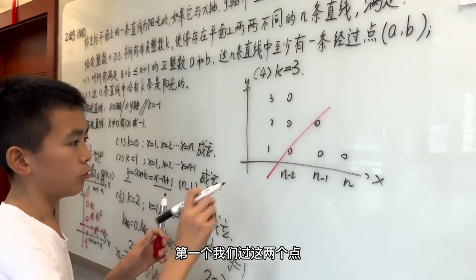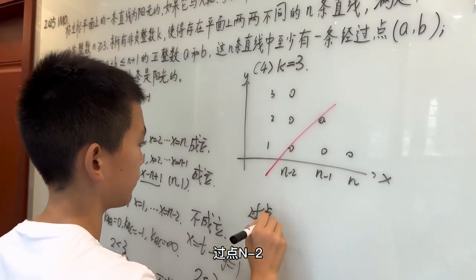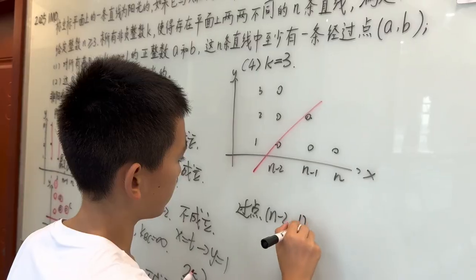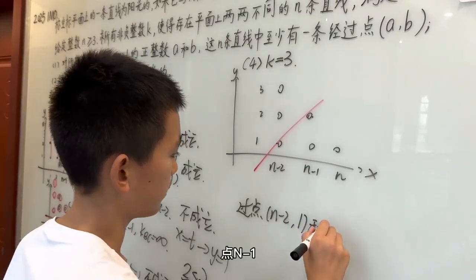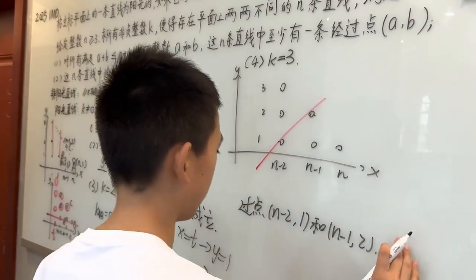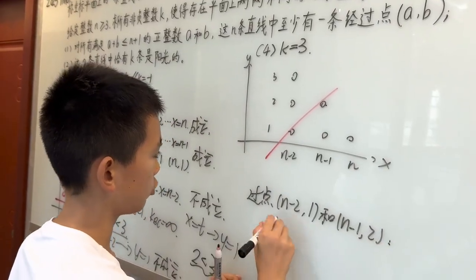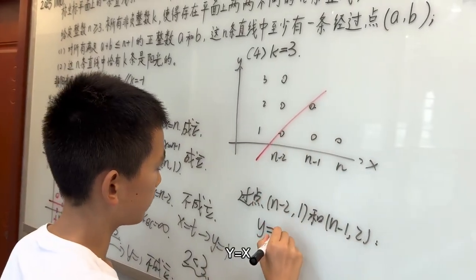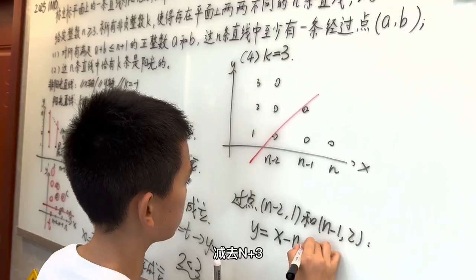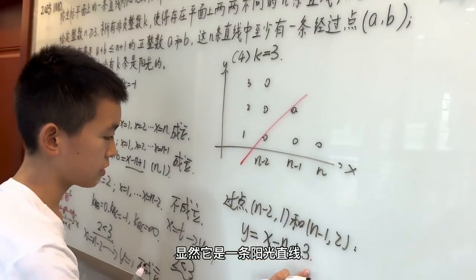First, let's go through these 2 points, passing n-2 and 1. What about the straight line through point n-1 and 2 points? Its parsing formula is y equals x minus n plus 3. Apparently it is a sunshine straight line.